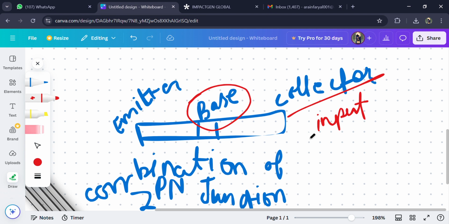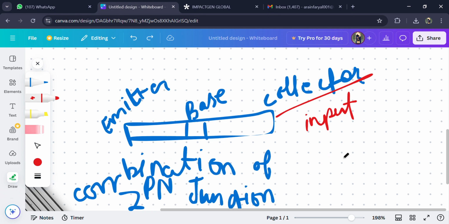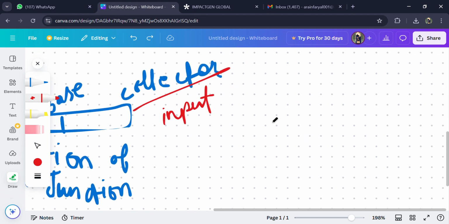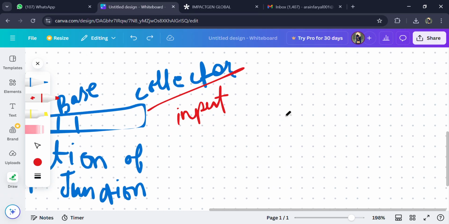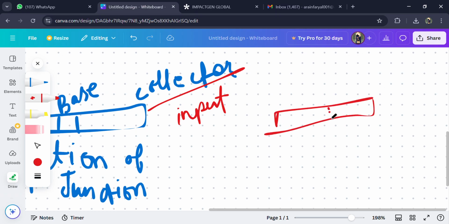Now what does a base do? As I stated, we have two types of junction, and it is a combination of junctions. Just consider a PN junction. What does the PN junction look like? It's the combination of holes within it, which is p type, and then it's having the electrons, right?